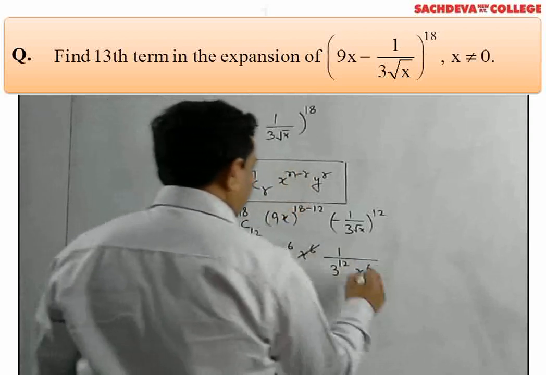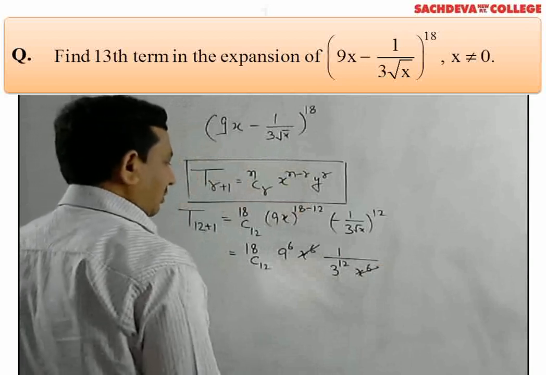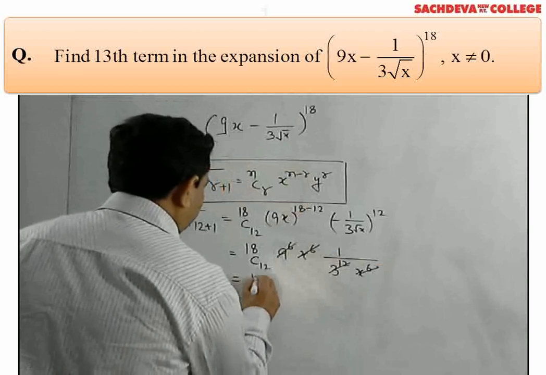This cancels by this, and 9 to the power 6 is equal to 3 to the power 12, so this cancels by this, and we find 18C12.